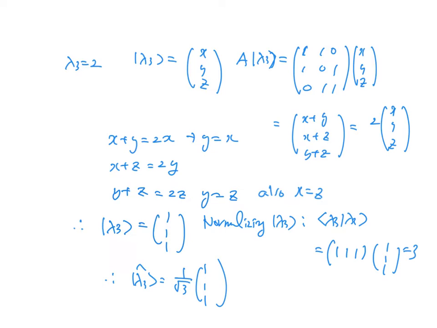So let's summarize the result so far. Lambda 1 is minus 1, and the normalized eigenvector is 1 over square root of 6, times 1, minus 2, 1.